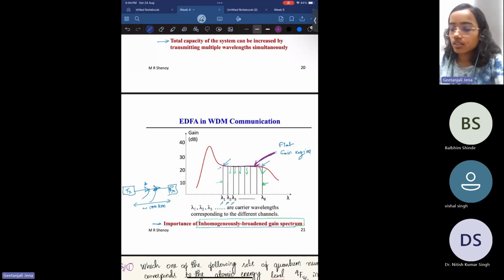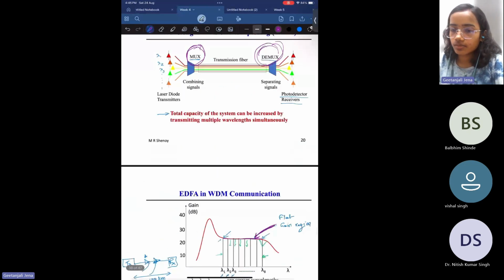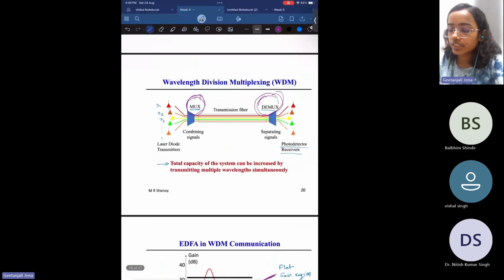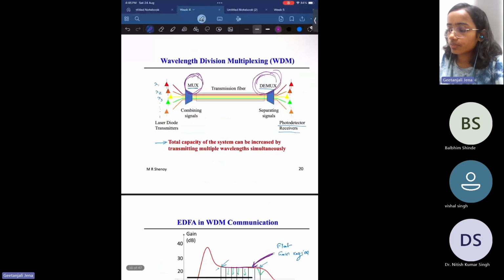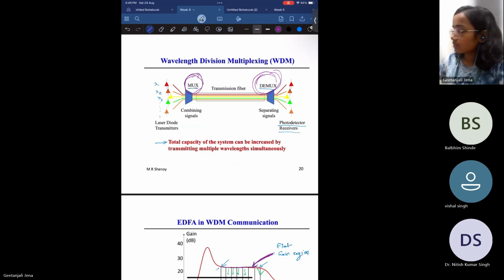Before that, are there any doubts in the slides of EDFA? Otherwise, we'll solve a few problems, then we'll move on to the optical resonator. Is there any doubt?